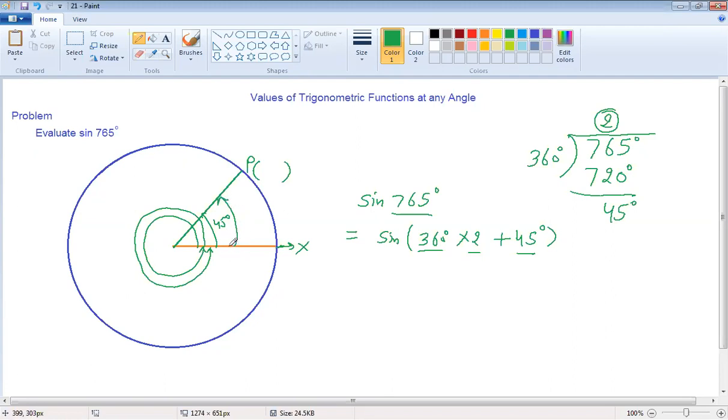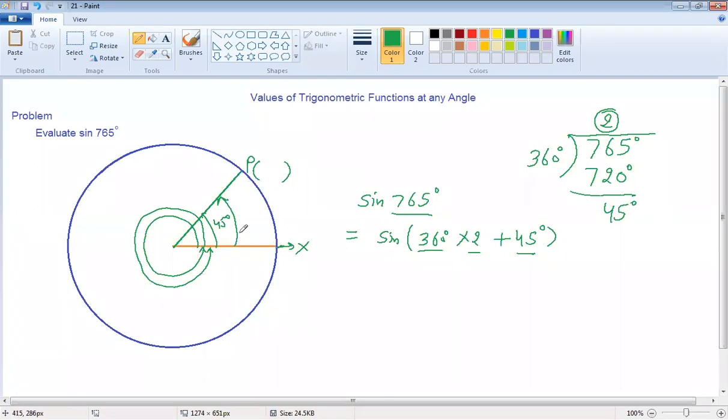Because if we complete one rotation of 360 degrees, we come back to the 0 line. The angle does not become 0, but the position of the final line comes back to the initial position. As we complete 2 rotations, the angle is not 360 or 0, it is 720 now. The angle has the size 720 degrees, but the final line has the position 0 again.